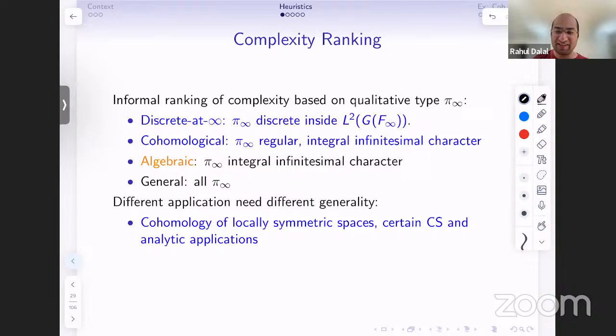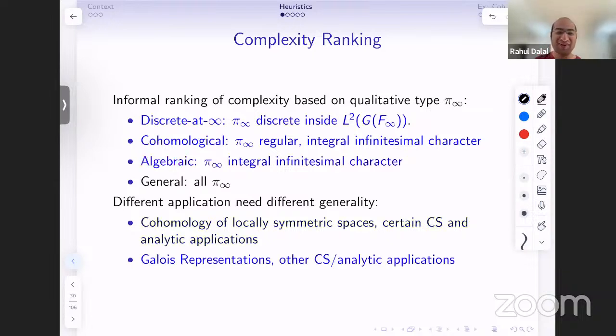Certain applications towards analysis and some of the very exciting computer science applications that people have been working out recently also only need these two levels. If these are the applications you care about, you're pretty happy. You don't have to go to the things that are impossibly complicated.